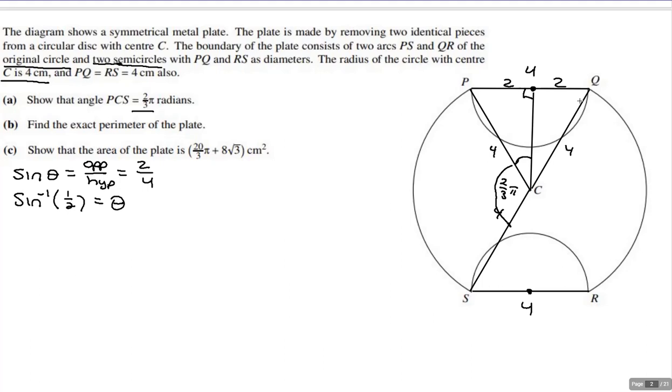Now, do me a favor, take your calculator and tell me what's the inverse sine of 1/2. It is 1/6 pi. So we know that our angle is 1/6 pi, or pi over 6, which I don't know why I just wrote pi over 2. Pi over 6. Now, what would 2 of those be? 1/3 pi together.